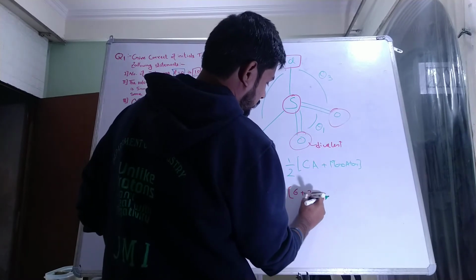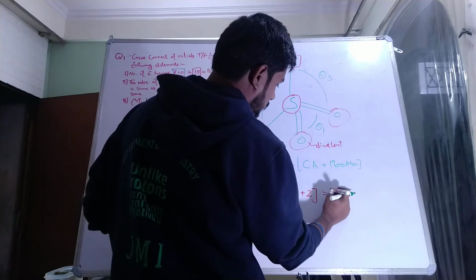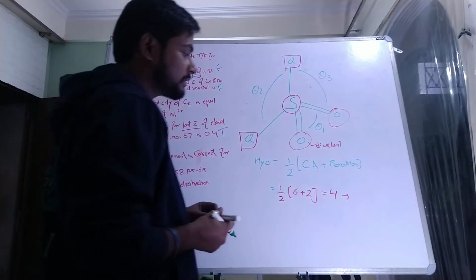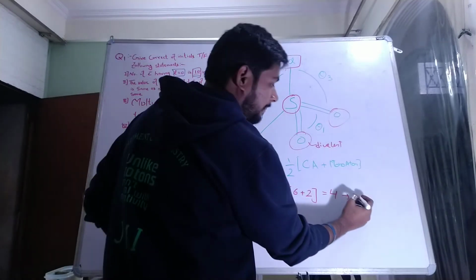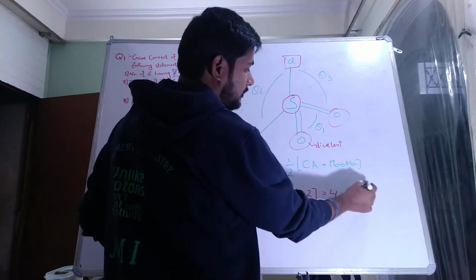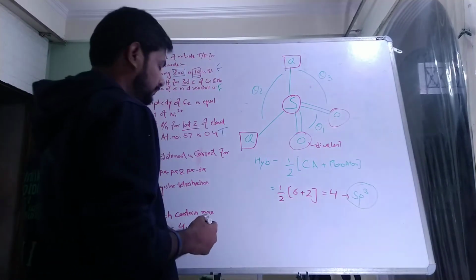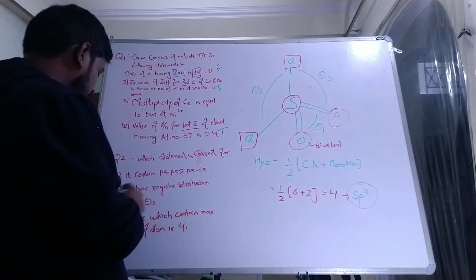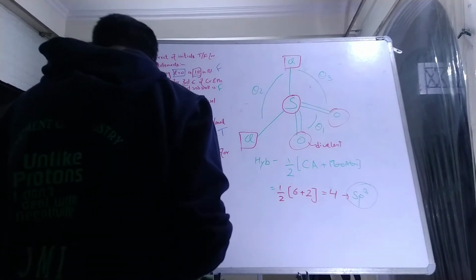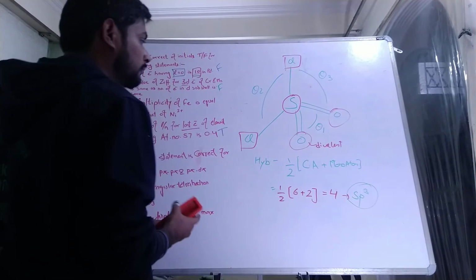So it will be 2. It will come 4, and from VSEPR theory we know that 4 is equivalent to sp3. So it is tetrahedral. From the options we see that it will be option B, but we have to check the other options also.